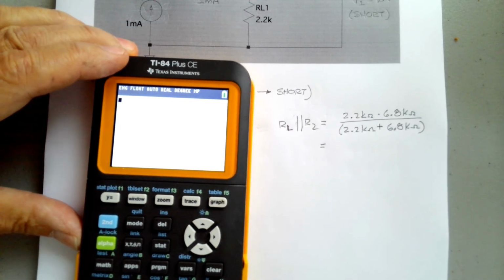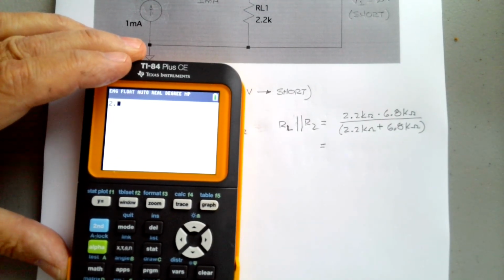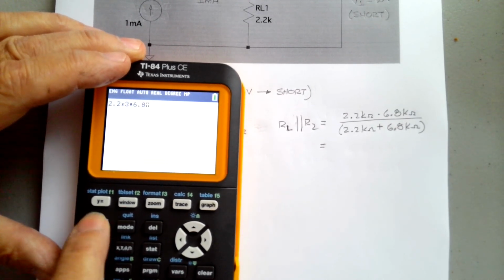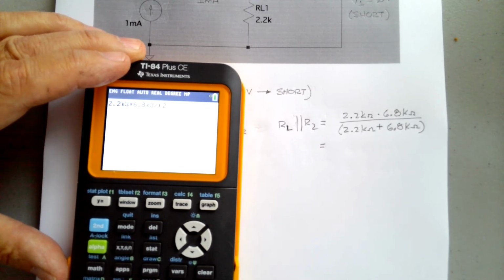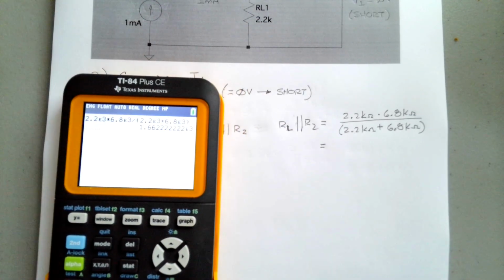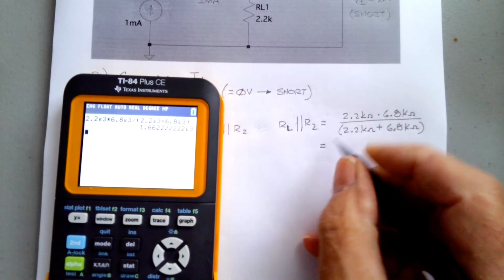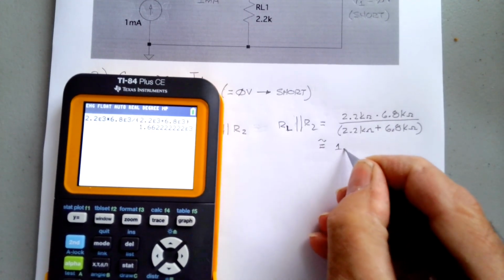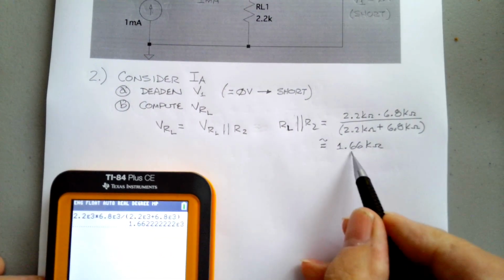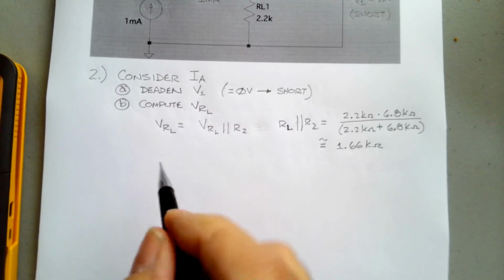Okay, one more time: 2.2 K times 6.8 K divided by 2.2 K plus 6.8 K. There we go. If we hit enter here, we get that this is approximately 1.66 K ohms.